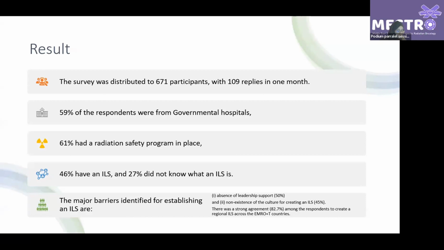The major barriers they identified were the absence of leadership support, at 50%, and the non-existence of a culture of creating an incident learning system. There was strong agreement among all respondents to create a unified incident learning system, at 82.7%.